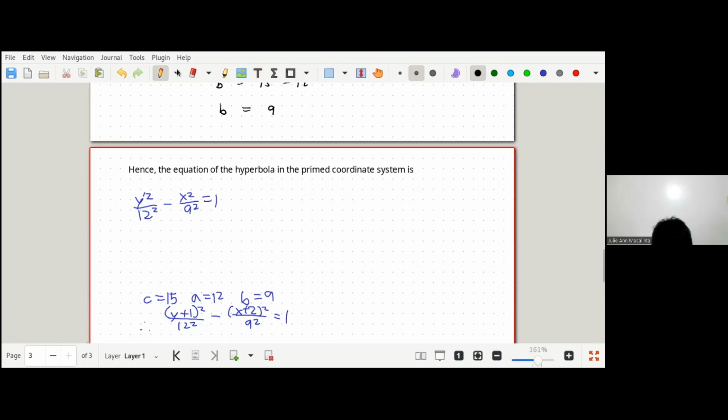So using the transformation equations, okay.